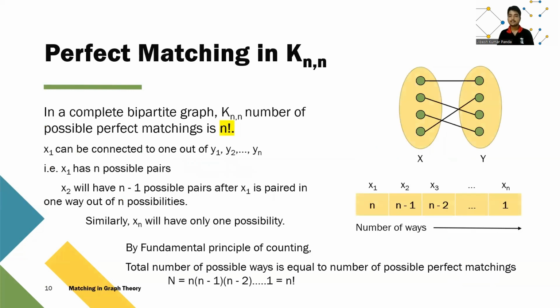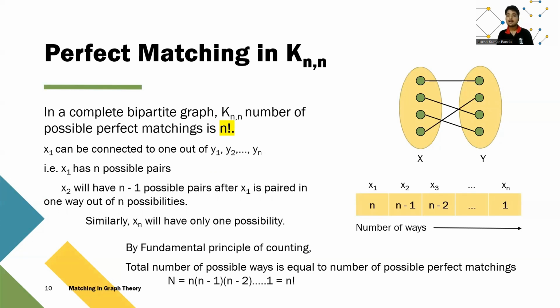Next, perfect matching in a complete bipartite graph with equal cardinality of each partite set. Remember, we cannot have a perfect matching in Kmn where m is not equal to n. Means in a bipartite graph where the partite sets are of different size, we cannot have a perfect matching. Why? Because in a bipartite graph, the edges exist only between the vertices of different partite sets.